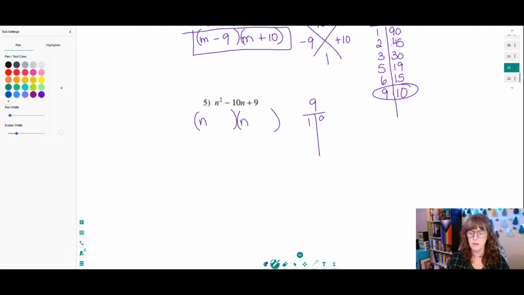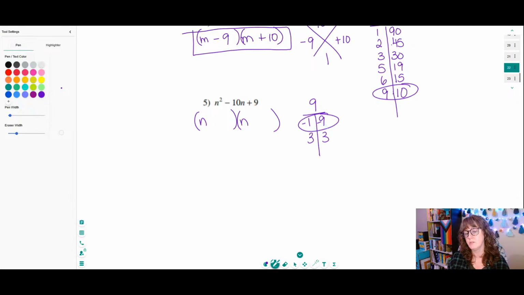We've got 1 and 9. Let's see, 2 does not go in. 3. 3 is the last one. 3 and 3. So which of these adds to 10? Well, that has to be 1 and 9. But 1 plus 9 would not equal negative 10. However, negative 1 and negative 9 would add to negative 10.